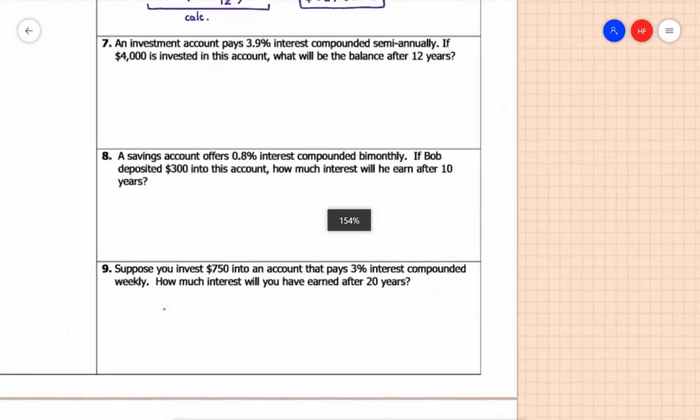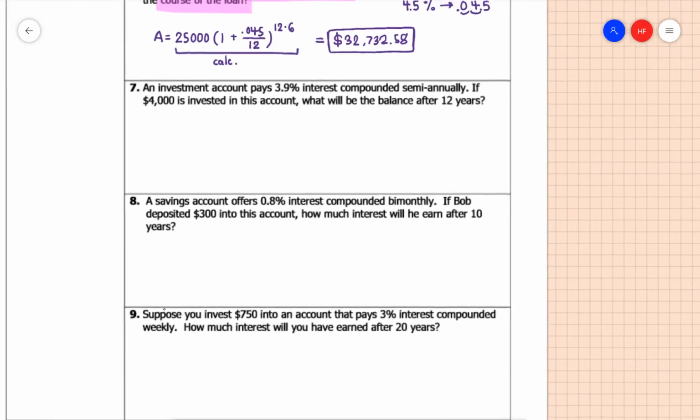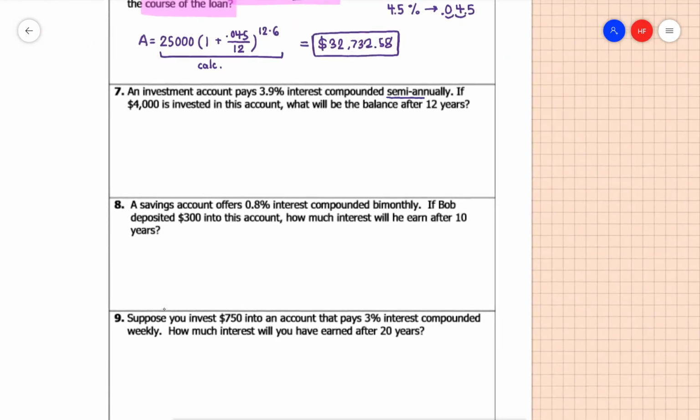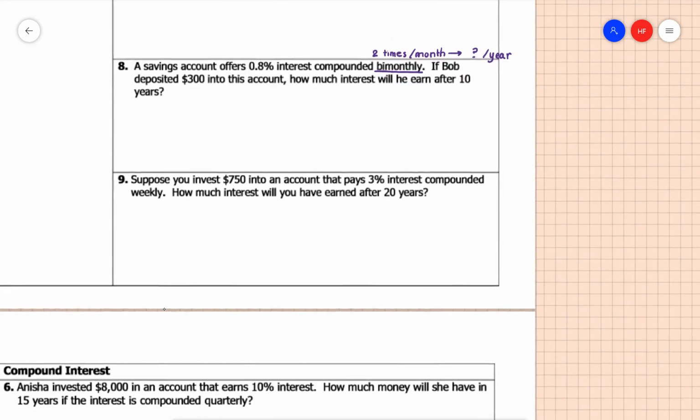So a couple of things that I want you to be aware of. Semi-annually means 2 times a year. Bi-monthly means 2 times a month. Which means how many times per year? So I'm leaving that one for y'all to fill in, how many times per year.